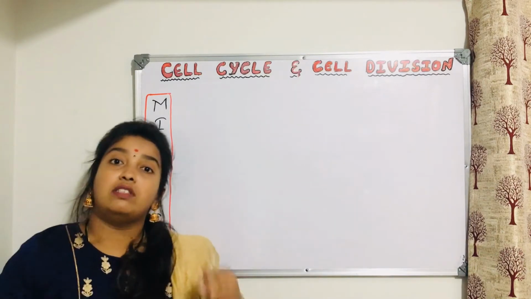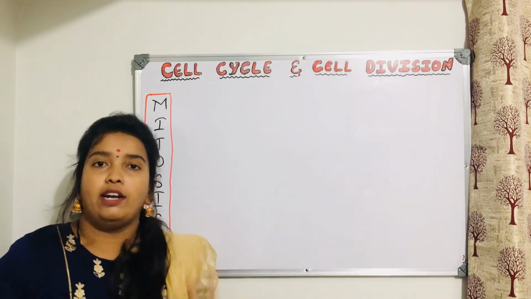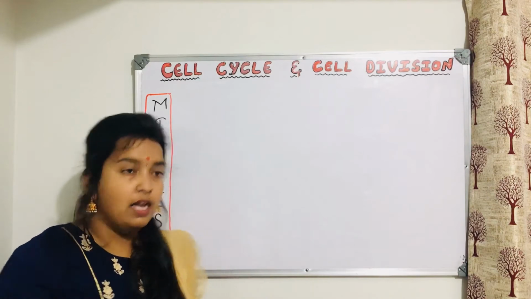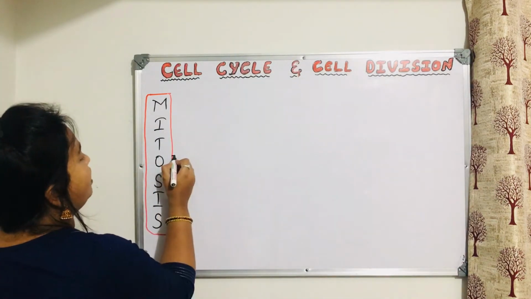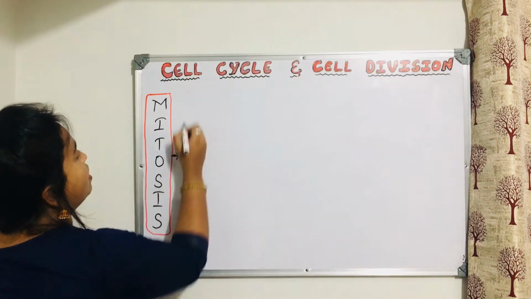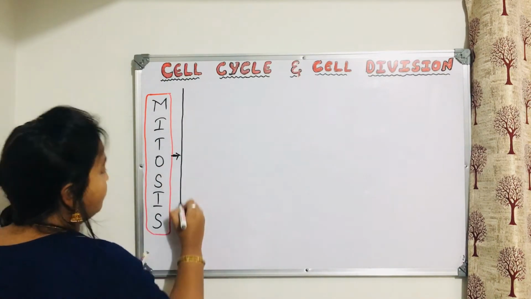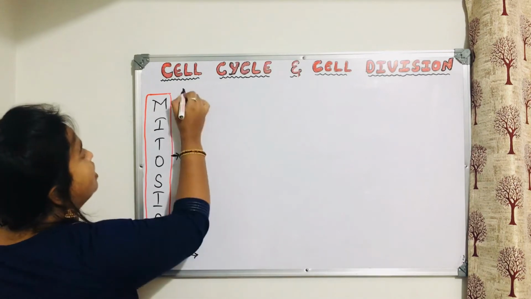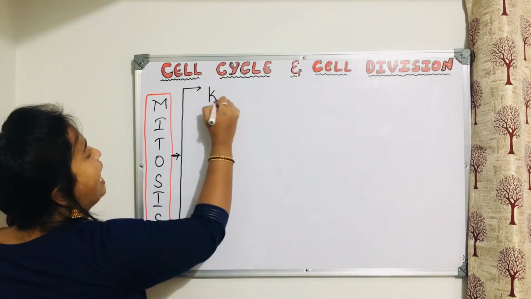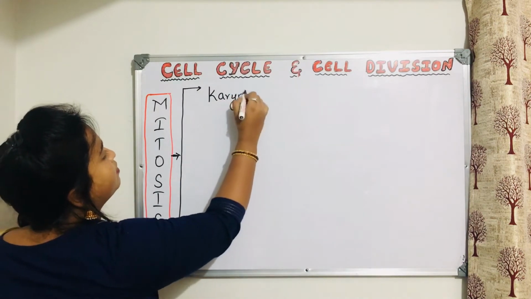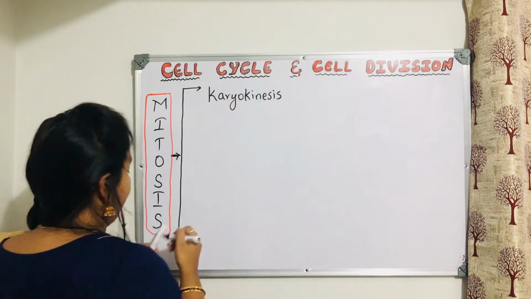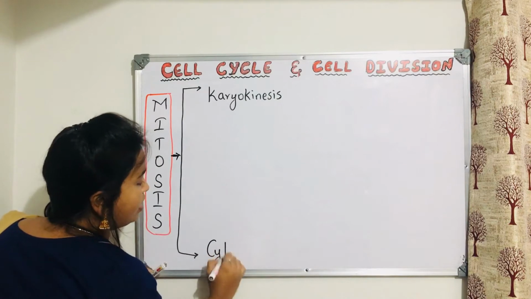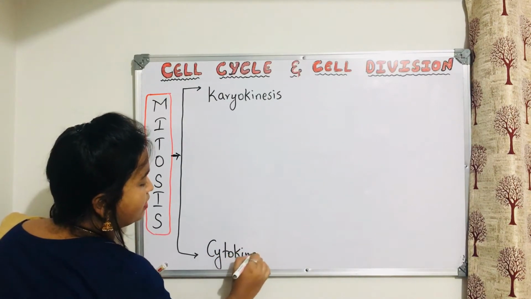And mitosis is divided into 2 important phases. Already we have discussed that. The 2 important phases are like this. First of all, it is called karyokinesis. And then another one is cytokinesis.